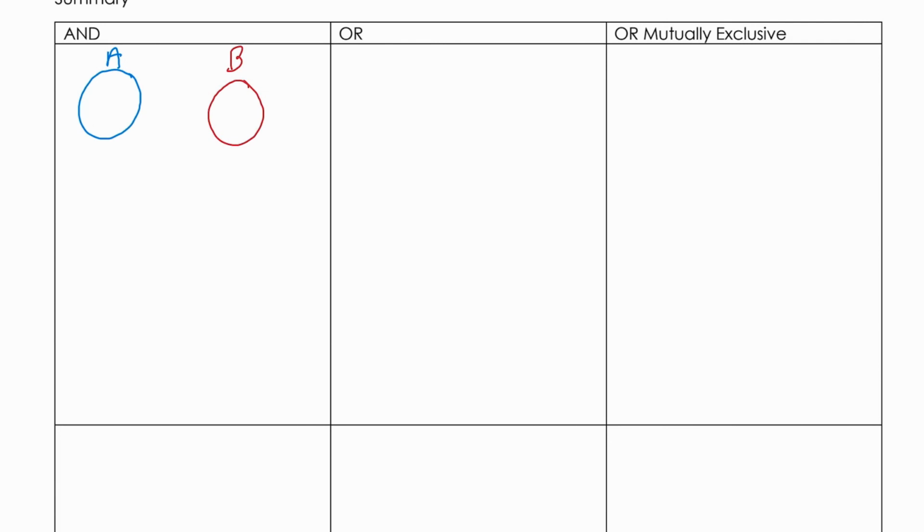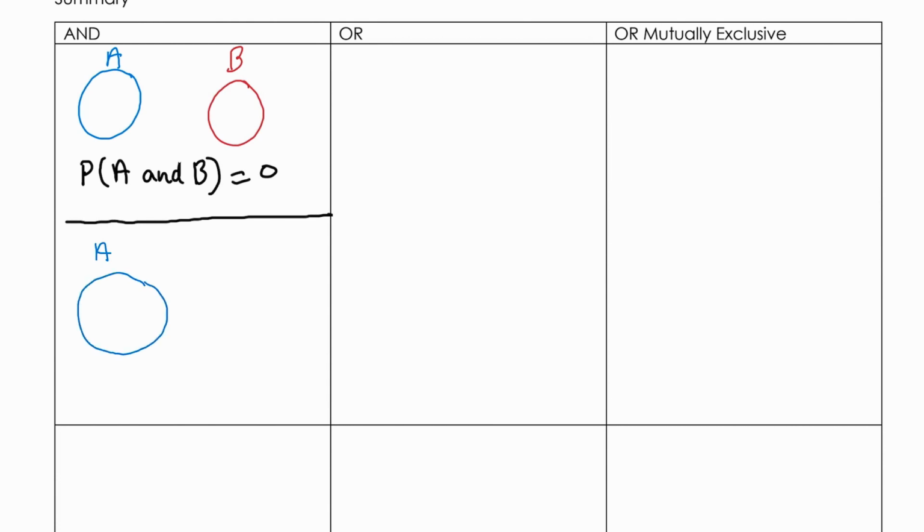There isn't the probability that event A and event B can happen at the same time. There's no intersection. So in this case, I would say the probability of A and B is 0. There's no overlap. There's no chance of both of those events happening at the same time.